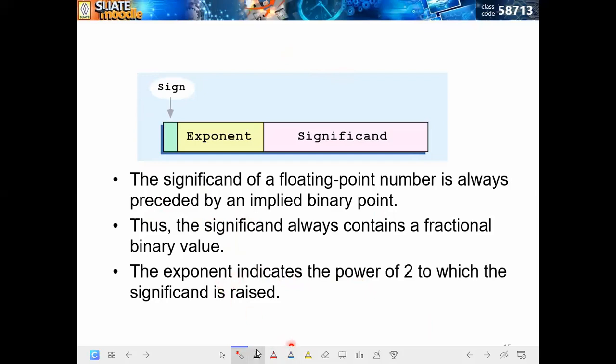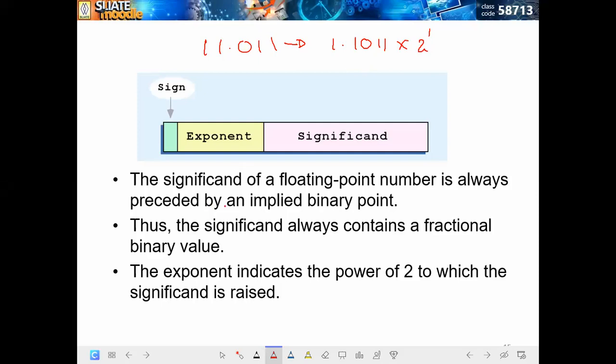For example, if we write a number like this, 11011, you can write it in normalized way like this, 1.1011 times 2 to power 1, right?